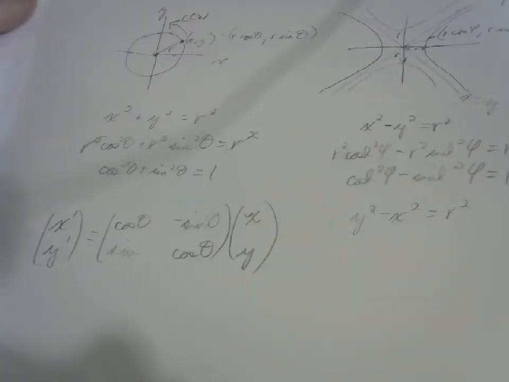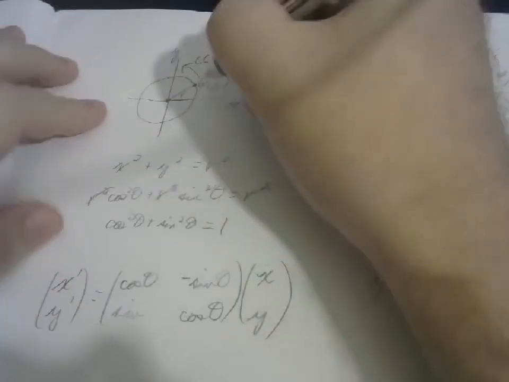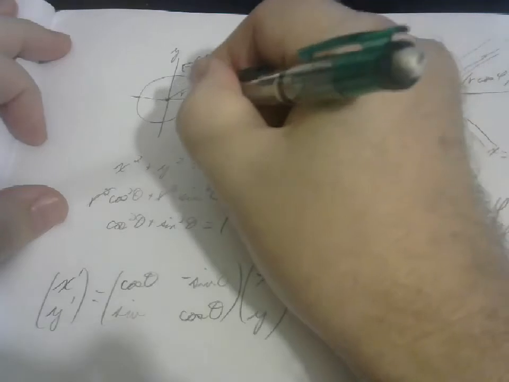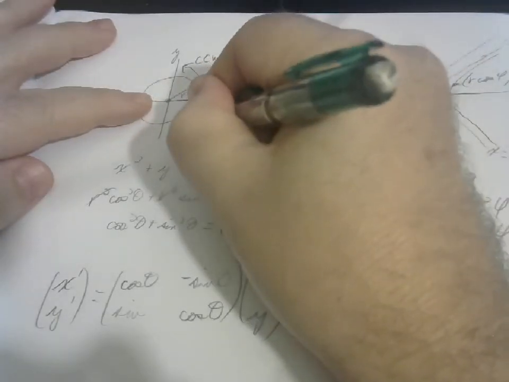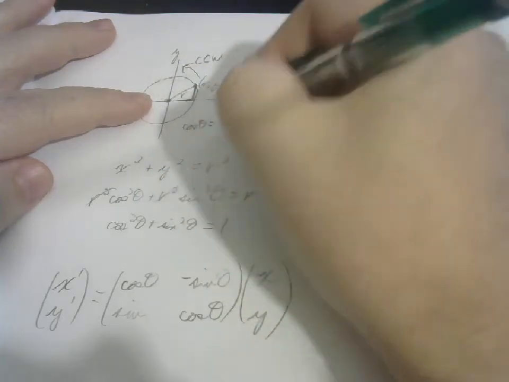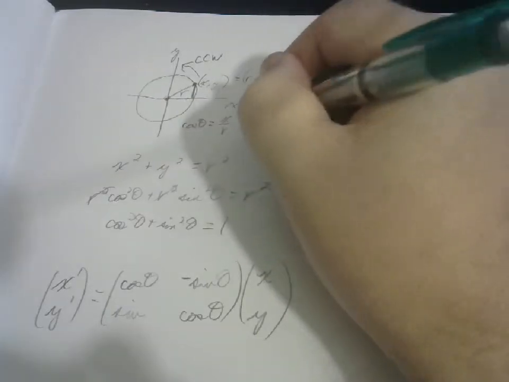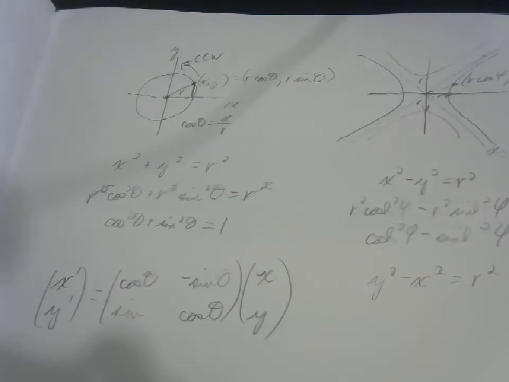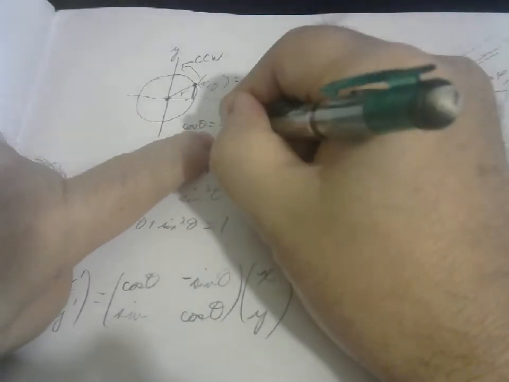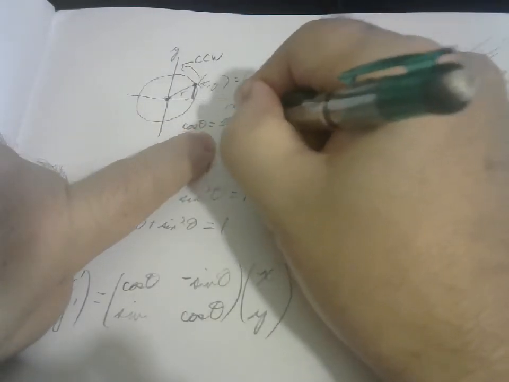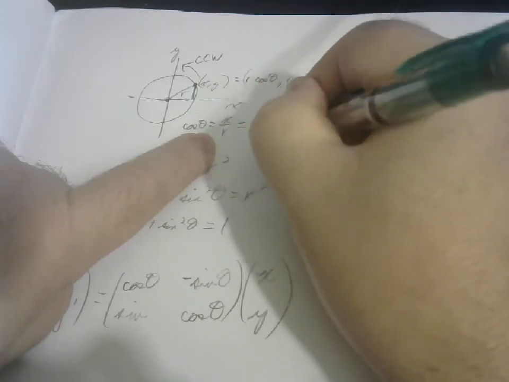I'm going to write this in a little bit different way. Let's write this with a right triangle in mind. Cosine theta is equal to x over r, but I want to express r in terms of x squared and y squared, so that is x over the square root of x squared plus y squared.